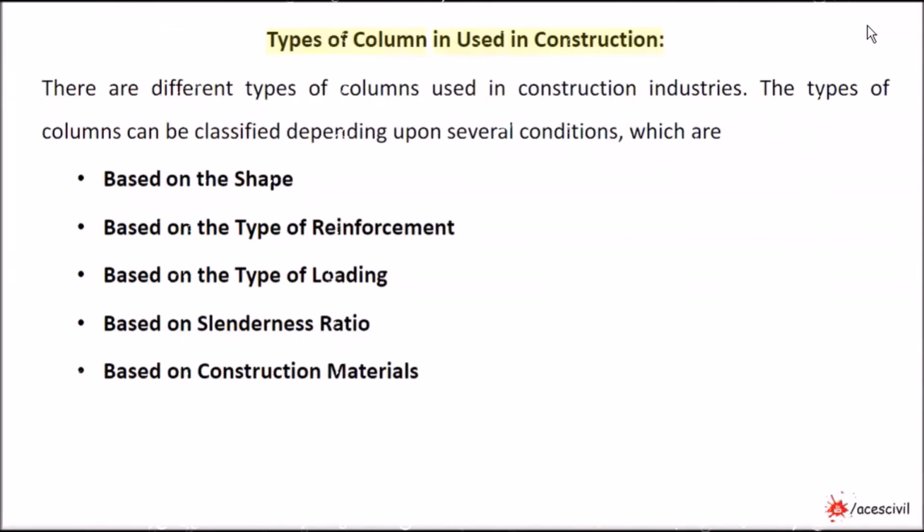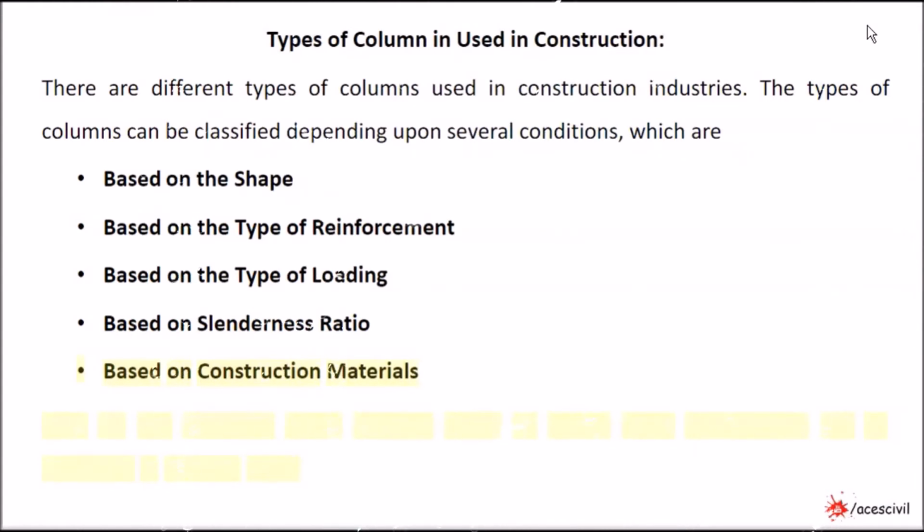Types of columns used in construction. There are different types of columns used in the construction industry. The types of columns can be classified depending upon several conditions, which are based on shape, based on the type of reinforcement, based on the type of loading, based on slenderness ratio, and based on construction materials.